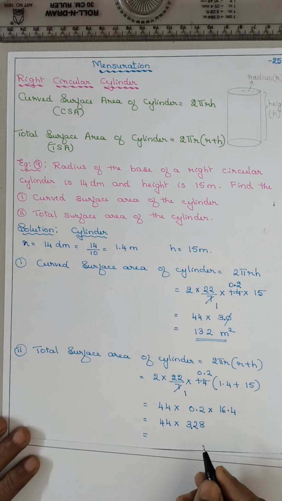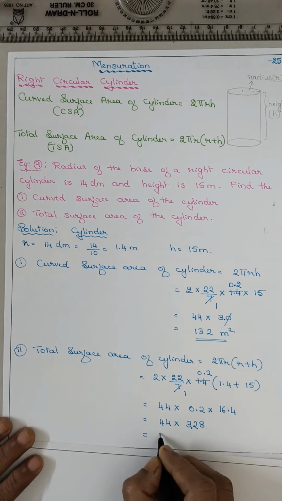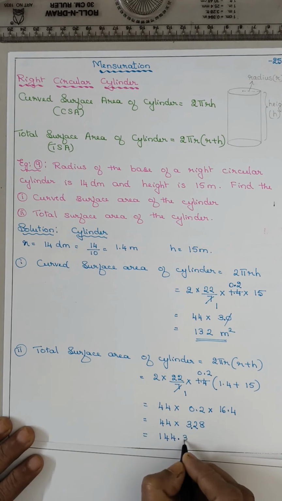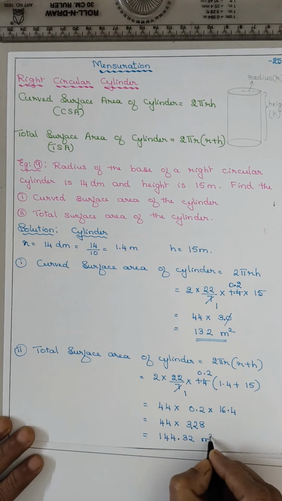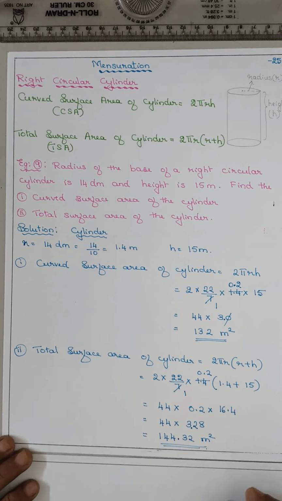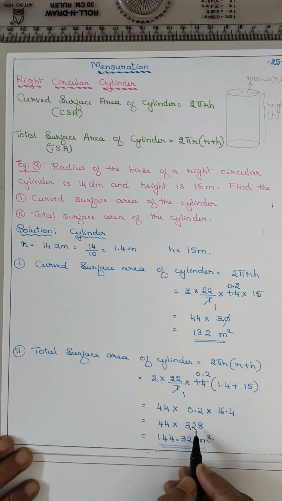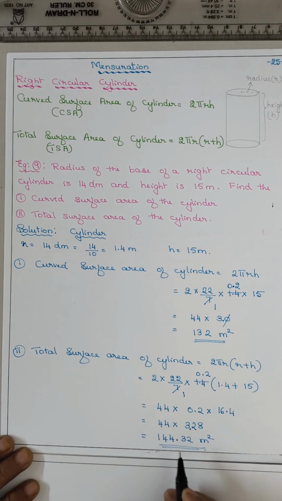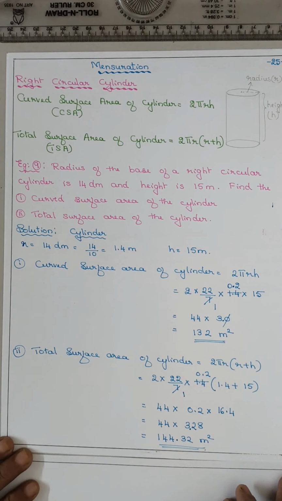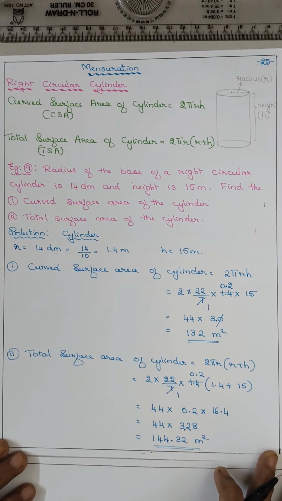Now 44 into 328, you find the value, it will be 144.32 meter square. This calculation you have to do in the rough work. Multiply 328 into 44, you will get 144.32. So 2 decimals, 144.32 meter square. Hope you understood.